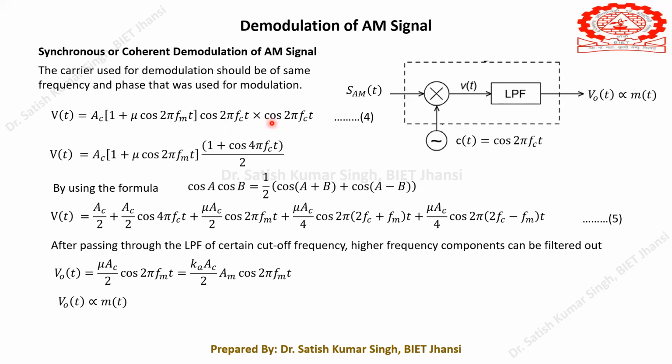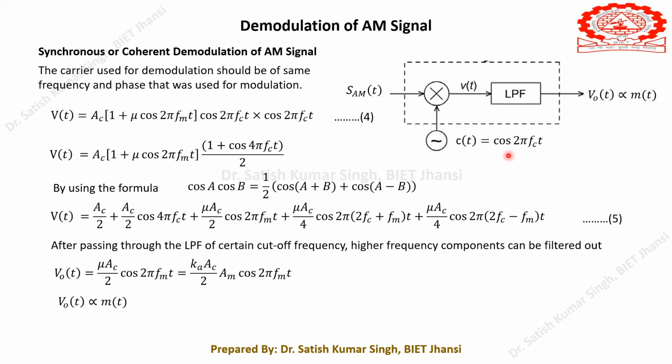If we multiply cos 2 pi fct, then this product will be represented as Vt, where this first part is our SAMT, representing the AM modulated wave, and this next part is representing the carrier.